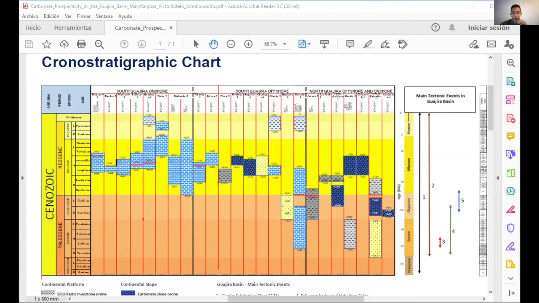The other intervals different from the bricks are siliciclastic sediments mixed with carbonate debris, whose source is the carbonate rocks outcropping in onshore areas.